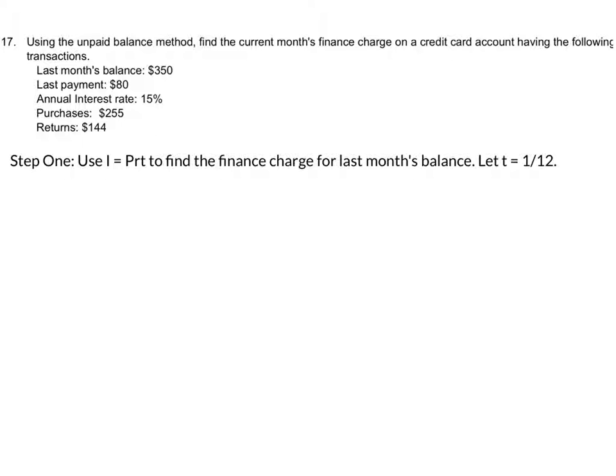The first step in the unpaid balance method is to use I equals PRT to find the finance charge for last month's balance. And we always let T equal 1/12 when using the unpaid balance method.